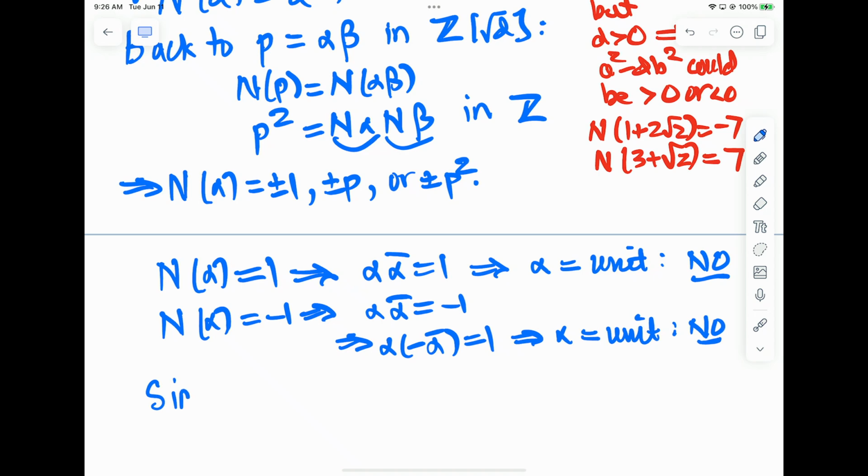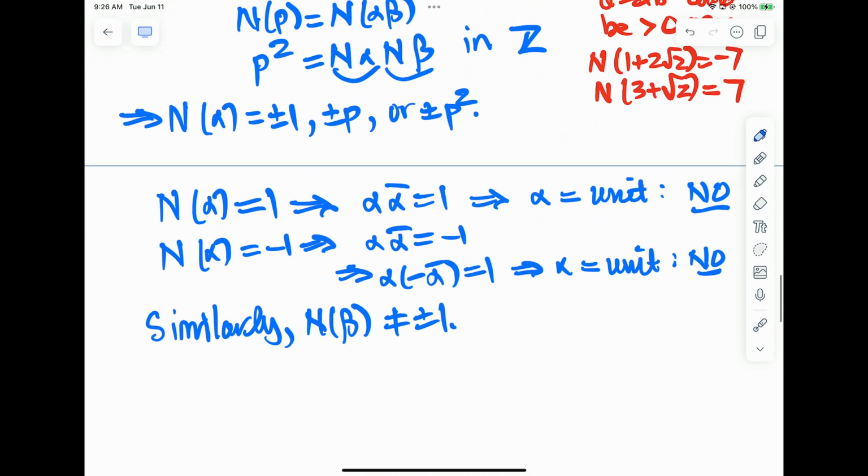And in the same way, just by changing alphas to betas, the norm of beta also is not plus or minus 1, because beta is not a unit. If neither number is plus or minus 1 and their product is p squared, the only option then is that the norm of alpha has to be plus or minus p.